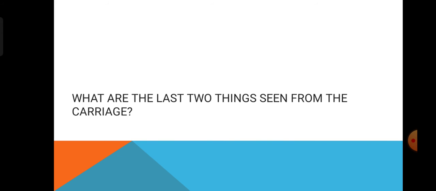What are the last two things seen from the carriage? While you are traveling through the railway carriage, or while you are reading the stanza, you see that two things are being described towards the last lines.